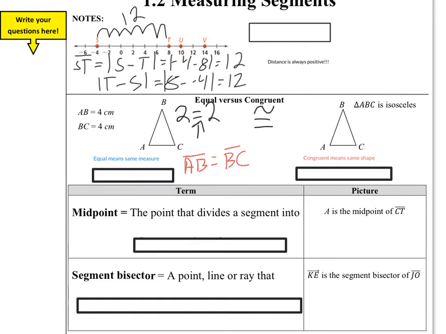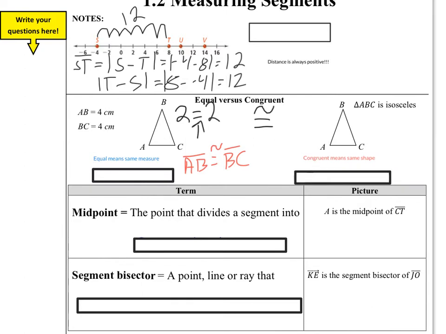We could say that the lengths are the same, so the measure of segment AB is 4 and the measure of segment BC is 4. We cannot say the shapes are equal. Shapes are congruent, measures or distances, numbers, are equal.